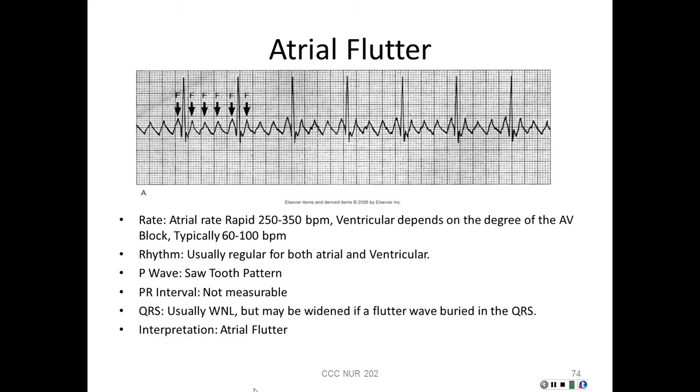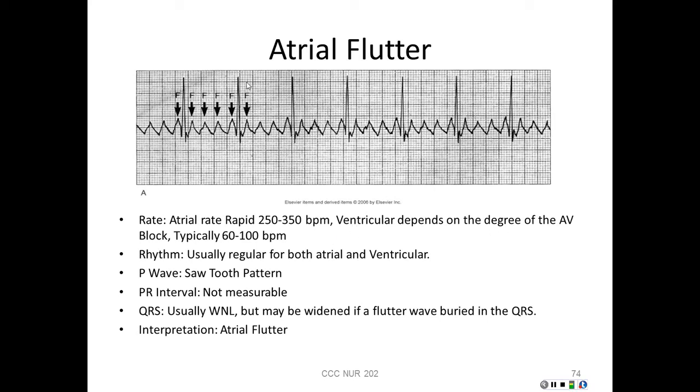Atrial flutter is one of those rhythms that you will see occasionally. You won't see it as frequently as you will atrial fibrillation, but it is a rhythm that can cause problems for the patient. With atrial flutter, basically the atrial rate is between 250 and 350 beats per minute. The ventricular rate is going to depend on the degree of AV block.